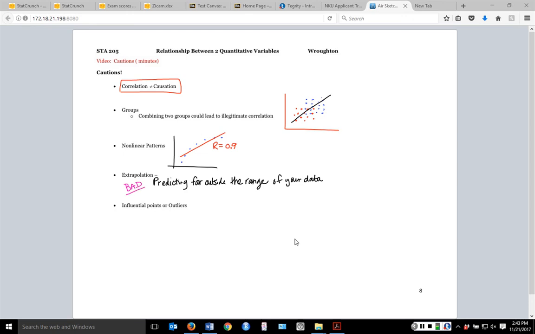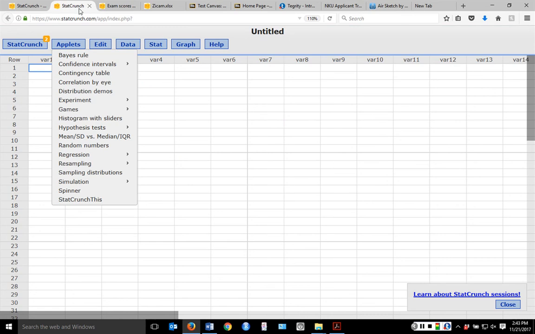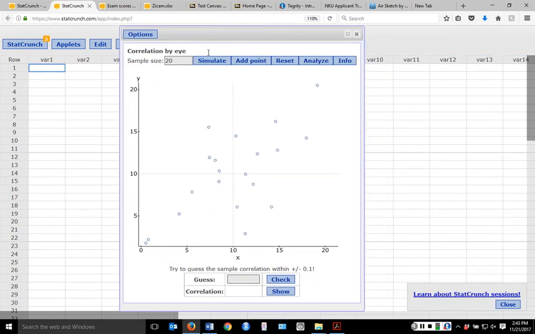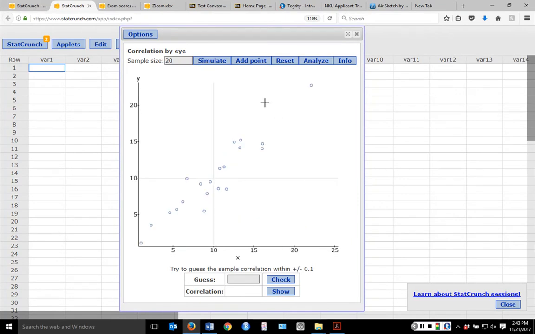And finally, the idea of influential points or outliers, and how they can affect things. Let's look back at the correlation by eye we were looking at before. Let me get one that's a pretty strong relationship. This one has a pretty strong positive relationship, so I'm going to say this is pretty close to 1.